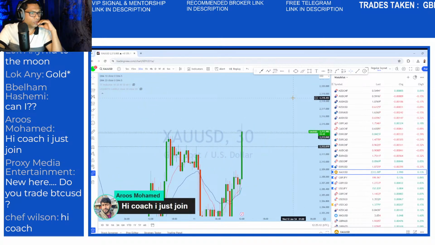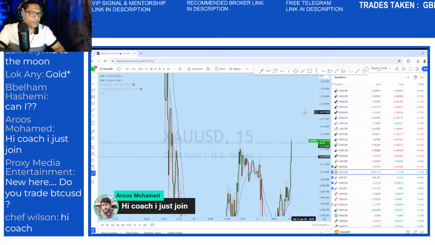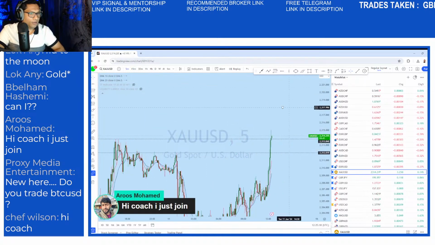Short minutes candle closing, very sharply bull market locally.